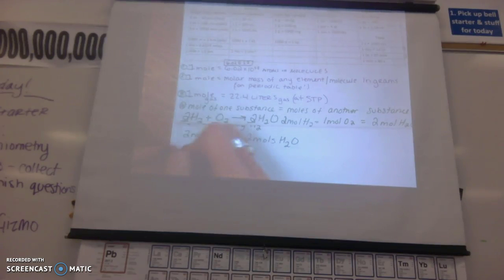We're going to need 1 mole of H2 is equal to the molar mass of H2. And 1 mole of H2O is equal to the molar mass of H2O.